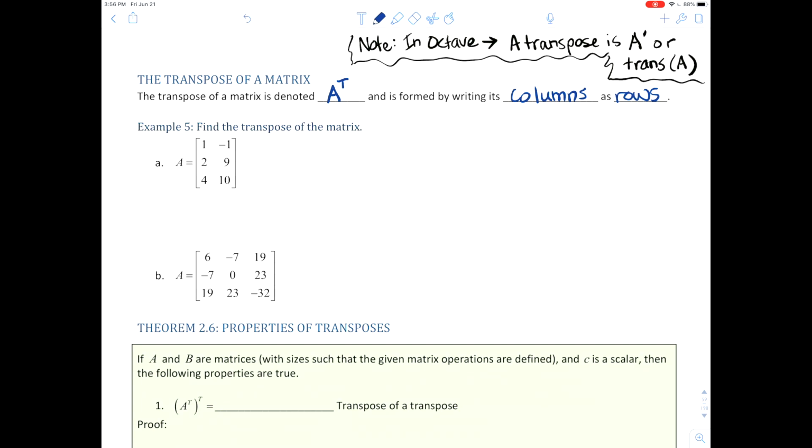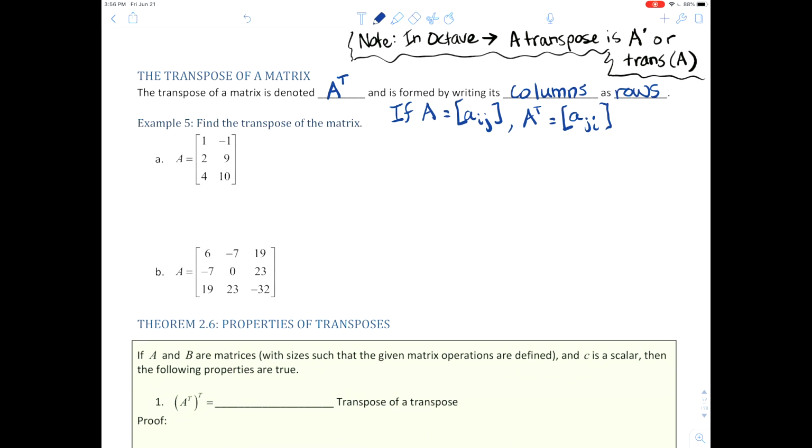Cool. In general, you could say something like, if A is equal to, in representative element form, Aij, then A transpose would equal Aji. Cool? All right, so find the transpose of this matrix.